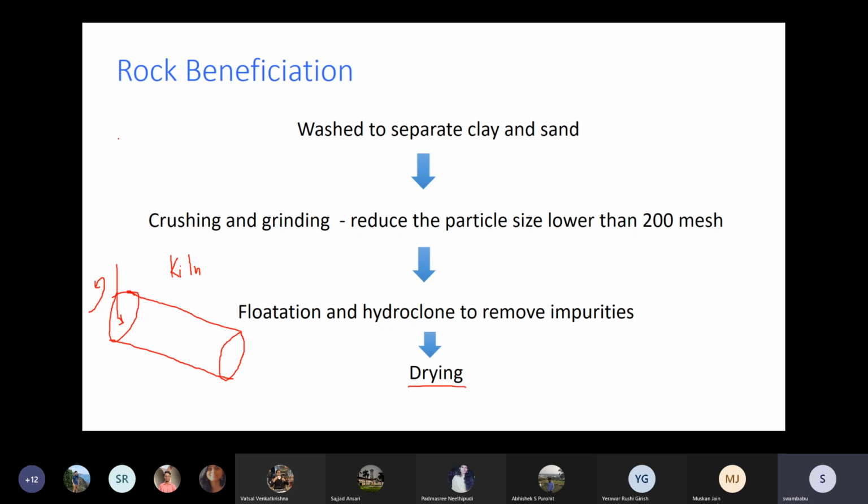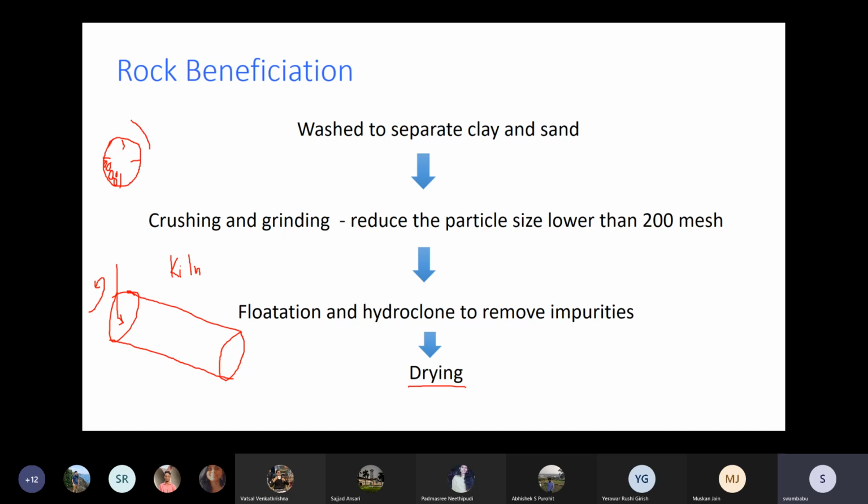If you see the side view, it will have baffles like this. So what is the use of baffles? When you introduce particles here, the particles fall down and stay in this baffle.